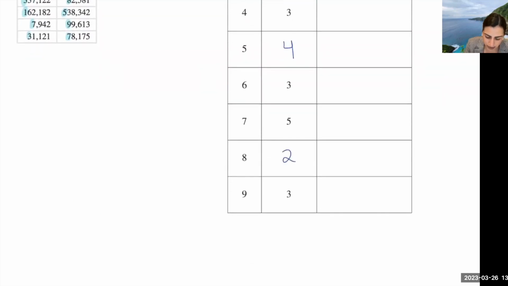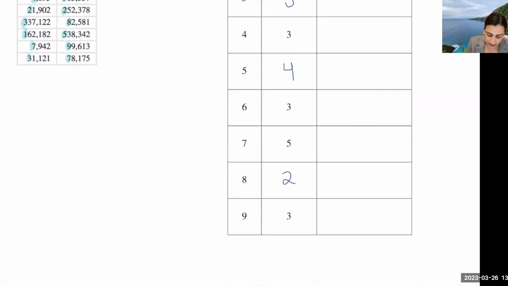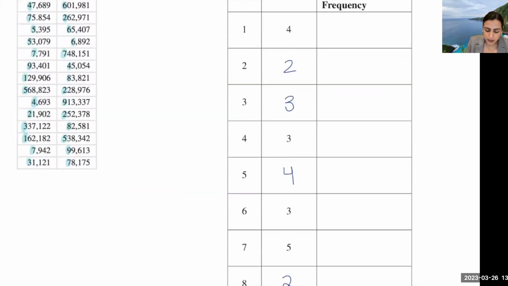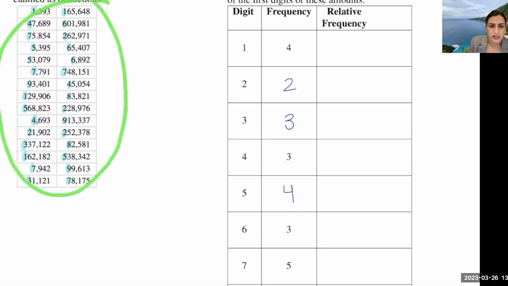And what we're going to do next is we're going to go ahead and find the relative frequency. So hopefully you remember that in order for us to find the relative frequency for each of my classes, and notice that I have 9 classes here, we're going to take the frequency and divide it by the total number of values that we have. And so we actually had 30 deductions here.